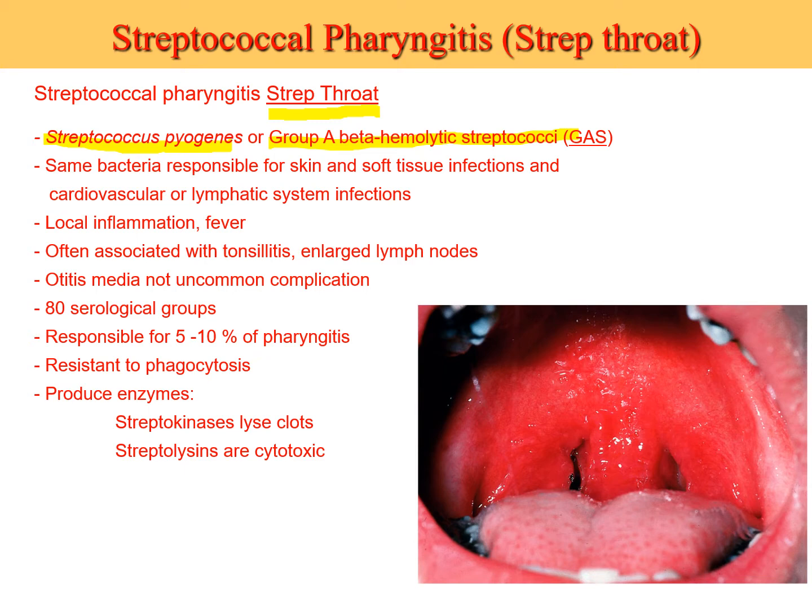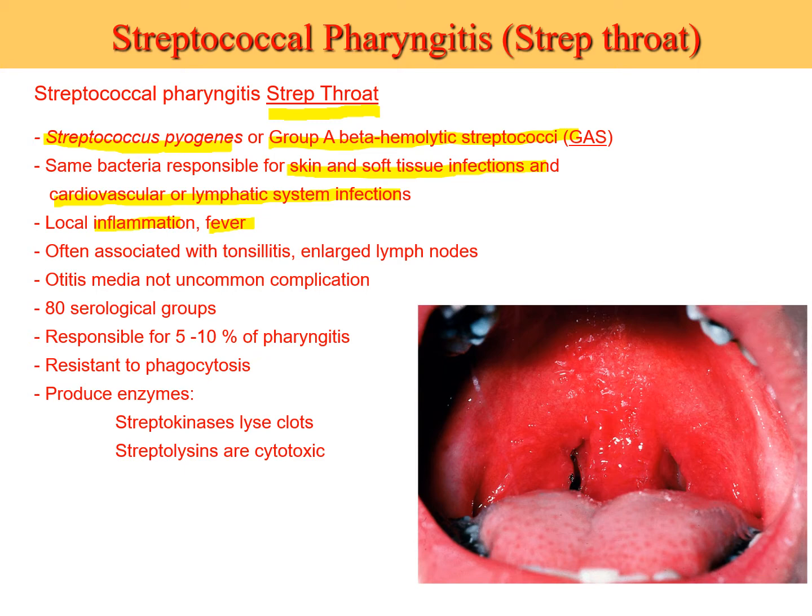It's the same exact organism that was responsible for some of the skin infections and soft tissue infections we talked about, and also cardiovascular and lymphatic infections we talked about. It will cause severe local inflammation and fever, often associated with tonsillitis and large lymph nodes in the neck and under the jaw. All the draining lymph nodes would be enlarged.